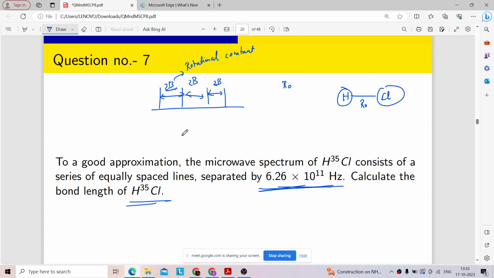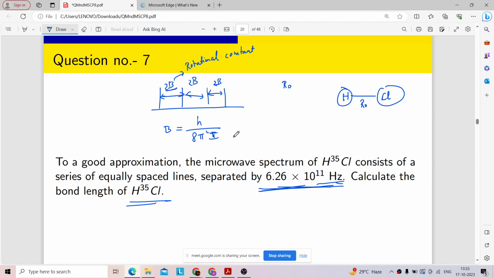Now do you know any relation between B and the moment of inertia? B is equal to h over 8 pi square c I. Since it's already in Hz, we don't have to multiply by c, so it will be only this.